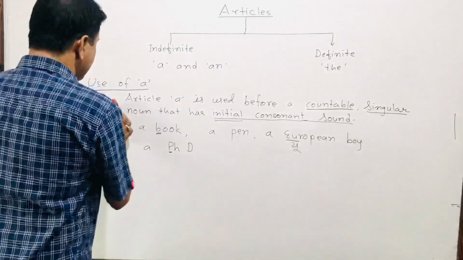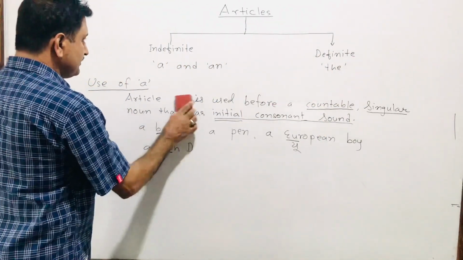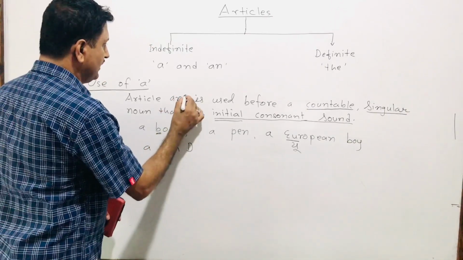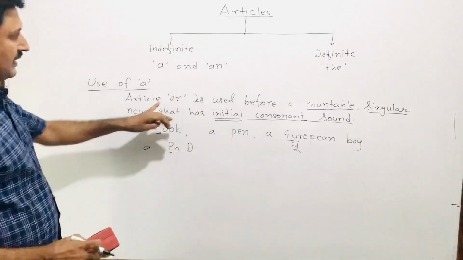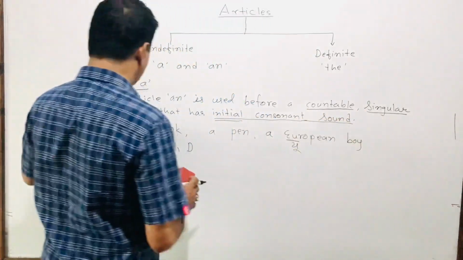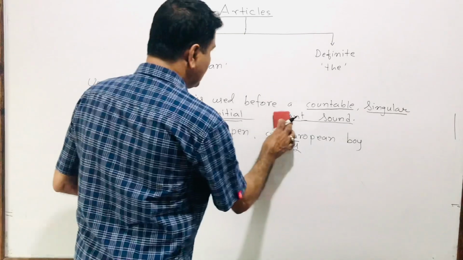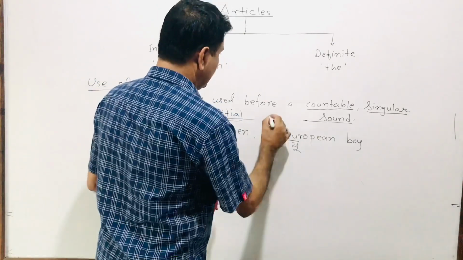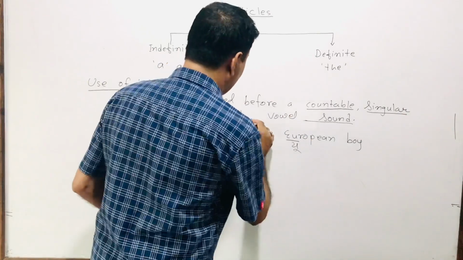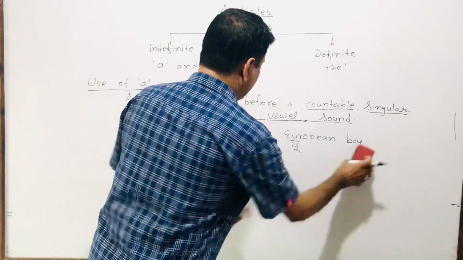Now, similarly, let's talk about the use of article AN. Article AN is used before a countable singular noun that has an initial vowel sound.